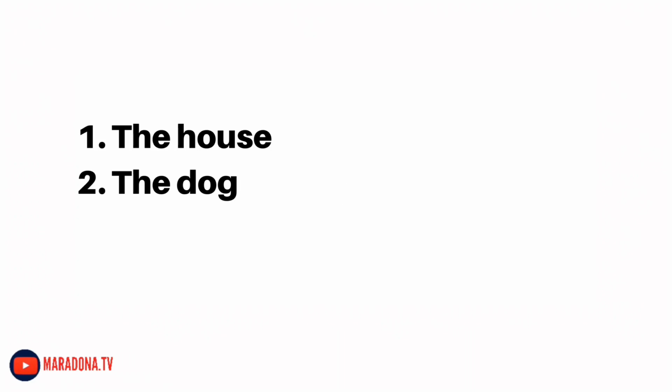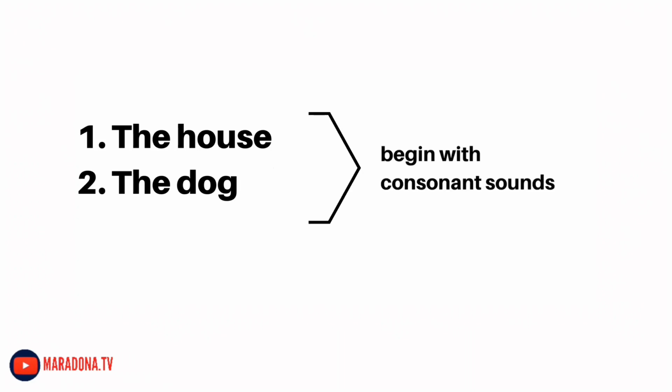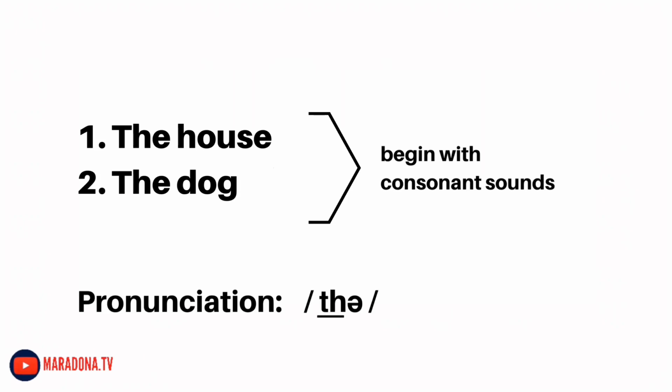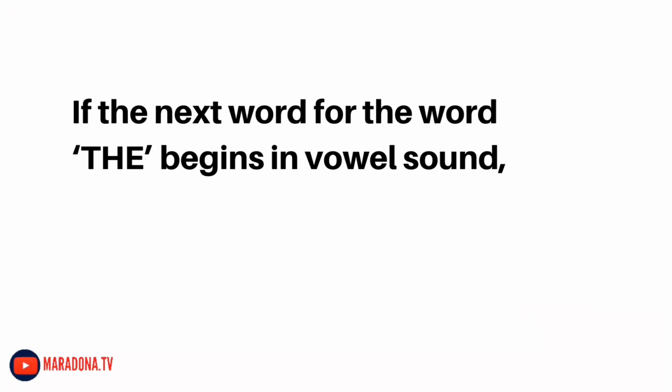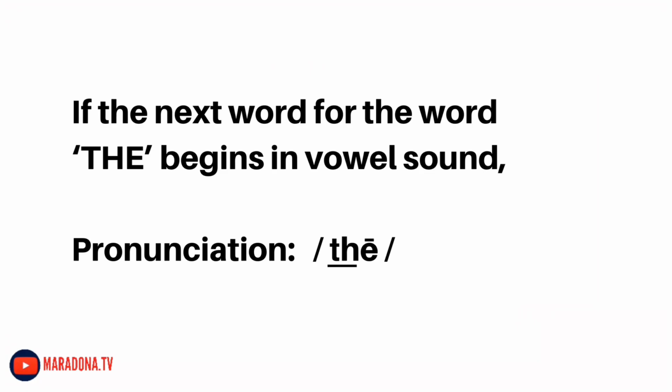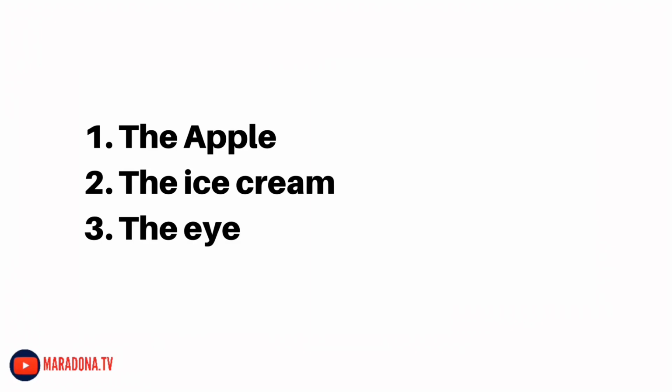Because house and dog begin with consonant sounds, that is why we should pronounce the determiner the as thuh. But if the next word begins with a vowel sound, it is pronounced as thee. Example, the apple, the ice cream, the eye.